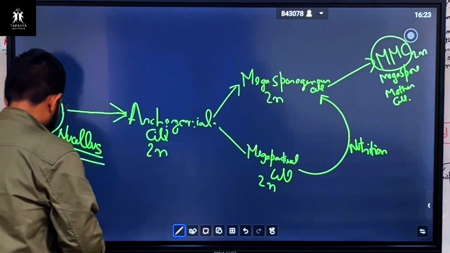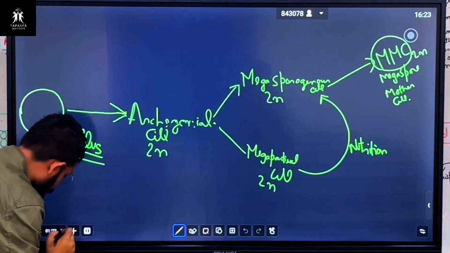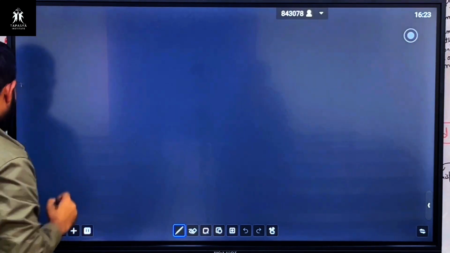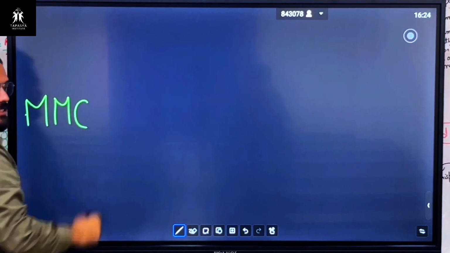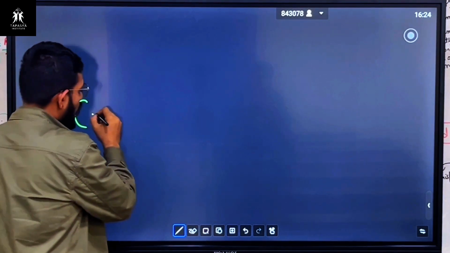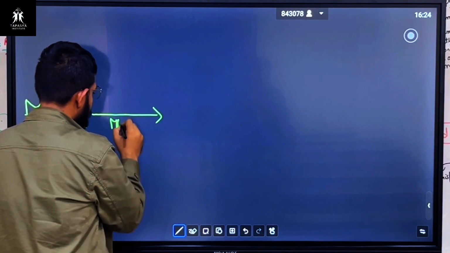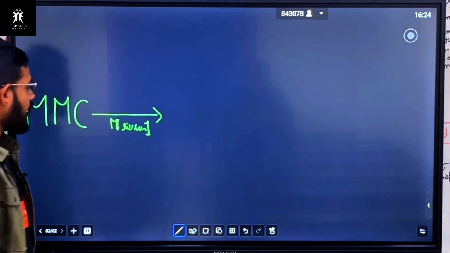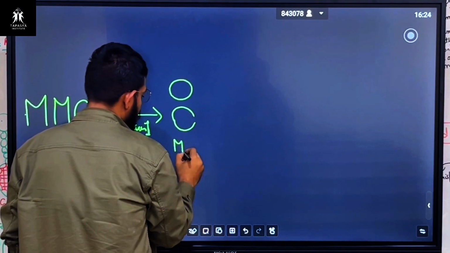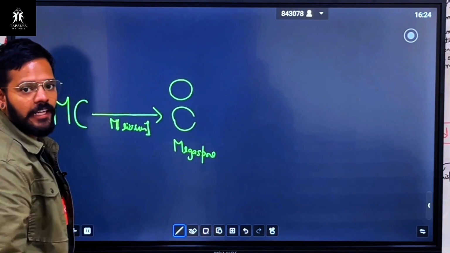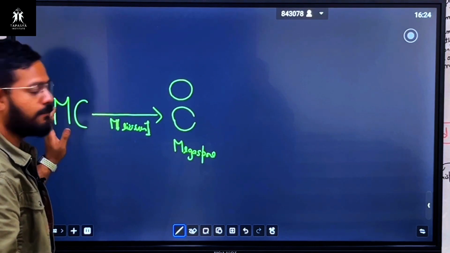Now the megaspore mother cell will go into a phase of cell division which we call meiosis. It goes into meiosis 1. By meiosis 1 you have two megaspores, produced by the meiosis 1 process happening on your MMC.